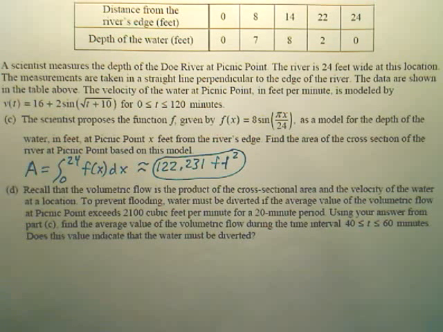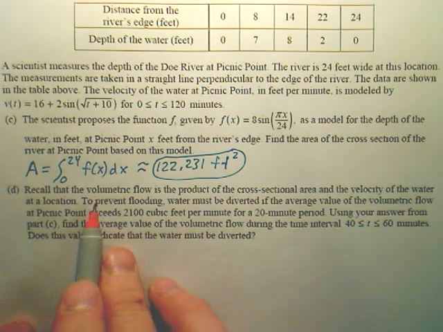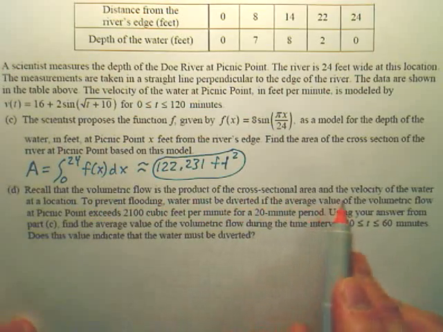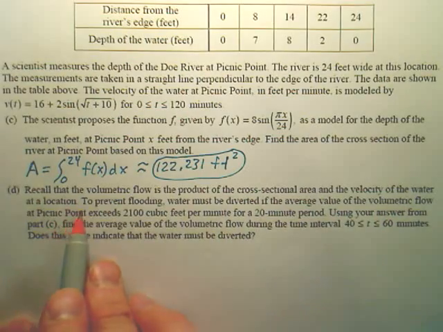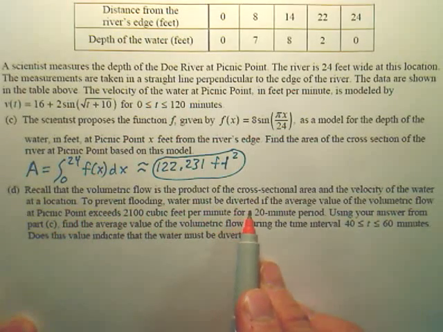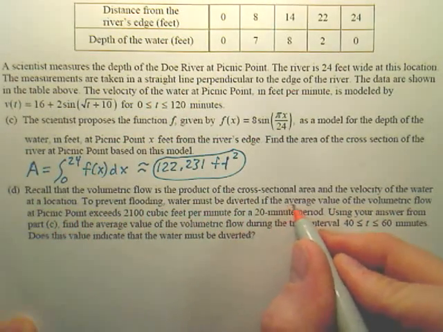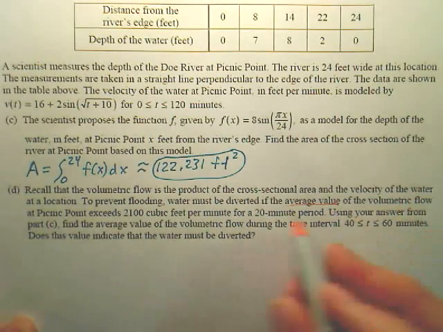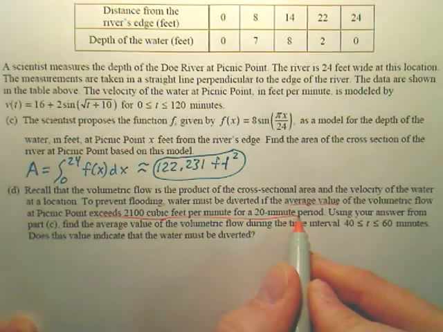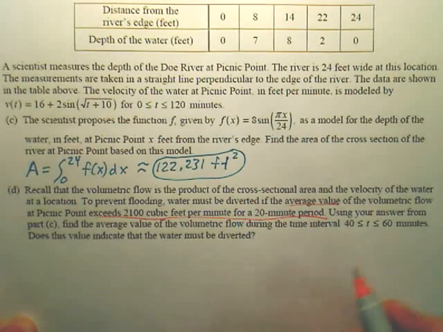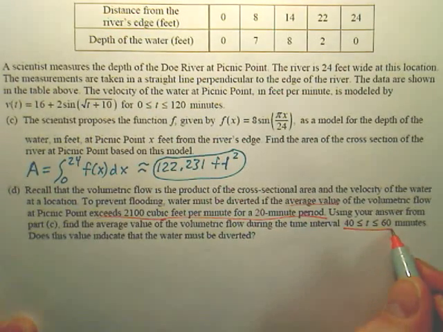Now for D. D is a little bit more tricky. It says recall the volumetric flow is the product of the cross-section and velocity. To prevent flooding, the water must be diverted if the average value of the flow exceeds this amount over a 20-minute period. So they're going to take a 20-minute period, meaning from 40 to 60.